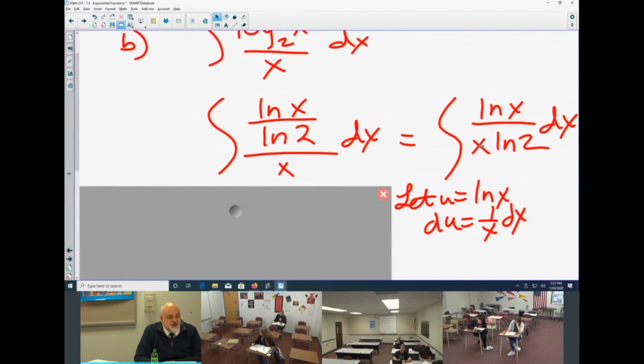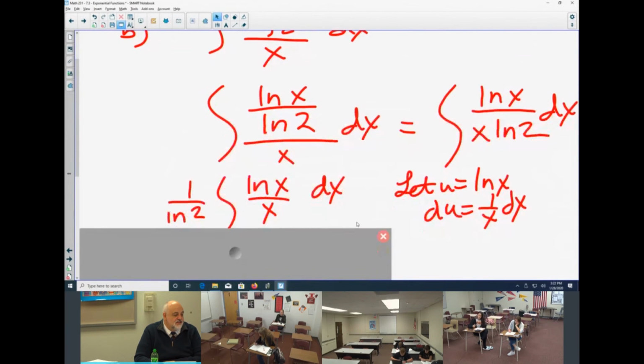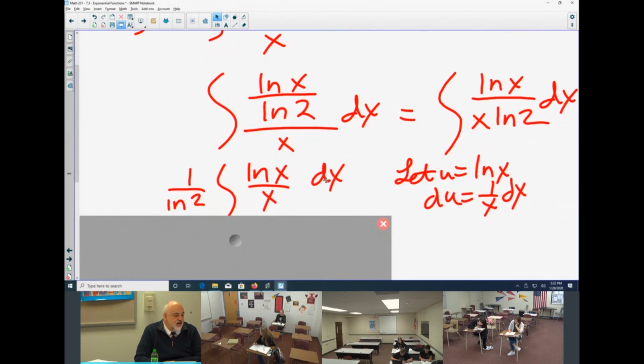So this is the du down here, 1 over x dx. So you might say, well, what do I do with the natural log of 2? Well, that's a constant, so you can pull that out in front. So bring the 1 over natural log of 2 out in front, and then you have natural log of x over x. So that's u, and then the rest of this is du.